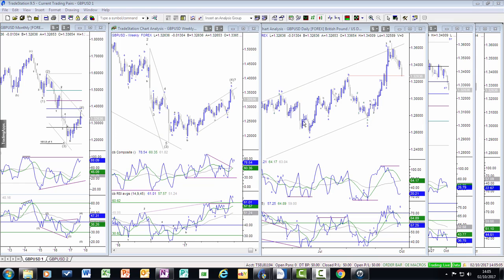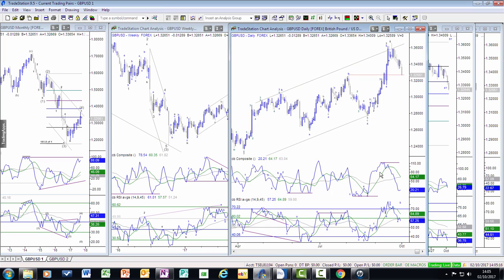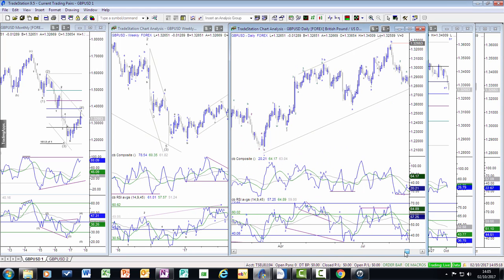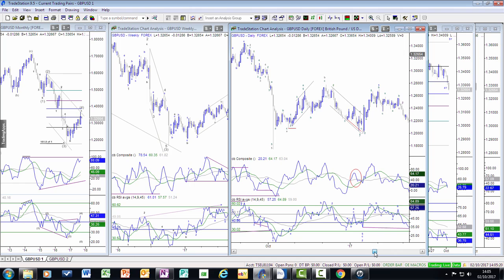But there was a video captured on the 7th of October, and it had identified this decline here as a 5-wave decline, and if I just go into the daily chart, that's actually labeled on this particular chart here, and it was that overnight very large decline and then the instant reversal.